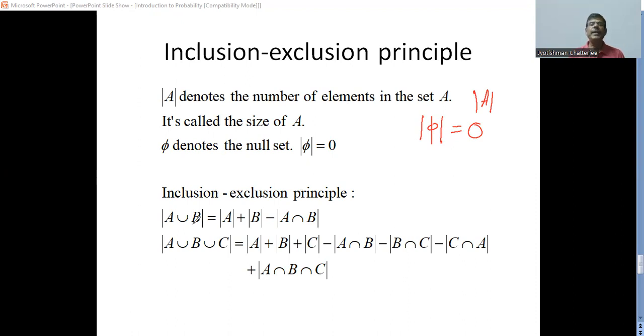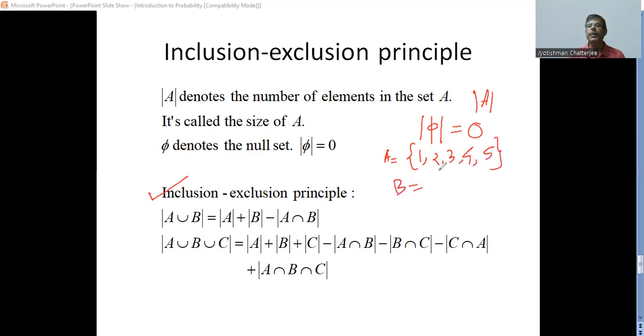Now comes a very important formula. We will be using this thing a lot in probability theory. This is called inclusion-exclusion principle. So let's see what it is. Suppose there are two sets A and B. Say, for example, A equal to 1, 2, 3, 4, and 5.